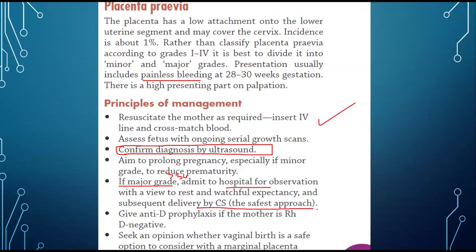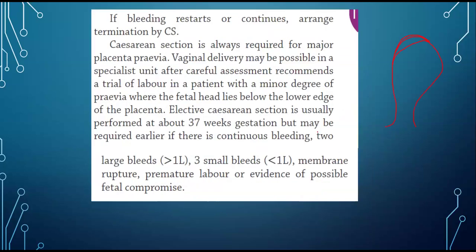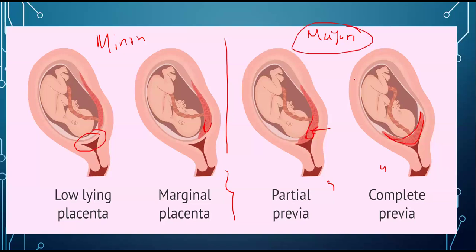Vaginal delivery is not indicated for major placenta previa because you understand that it will be very difficult for the baby to pass the placenta and descend downwards. So for grade 3 and 4, vaginal delivery is contraindicated or not possible. But for low-lying placenta, there is a possibility that the baby can go down.